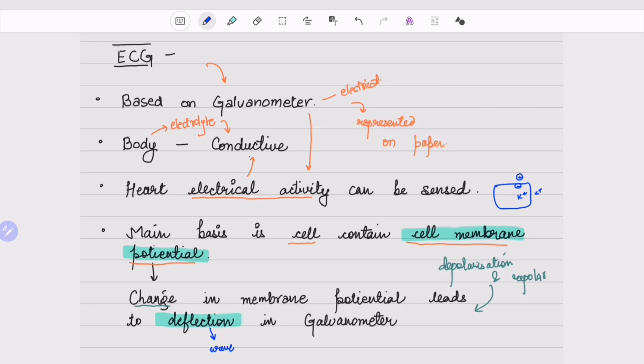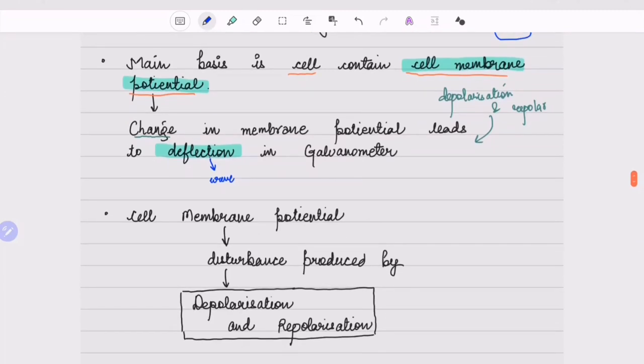These waves could be the P wave, QRS complex, and T wave, which depict the contraction of the heart as ventricular systole, atrial diastole, and systole, whereas atrial diastole is not seen in the ECG. Then also the whole diastole.